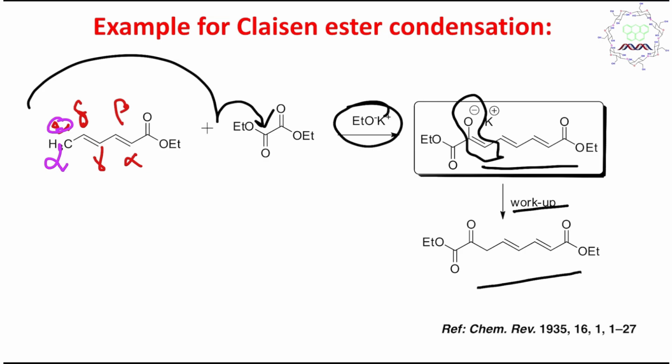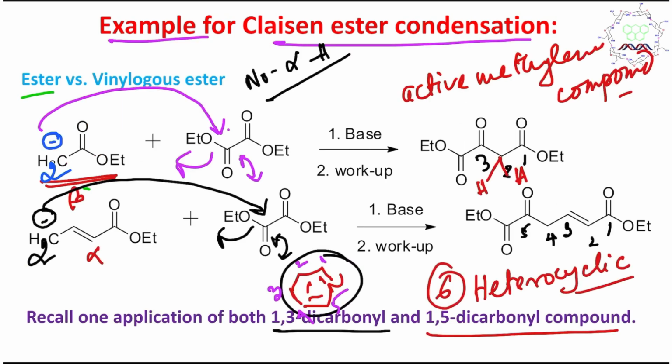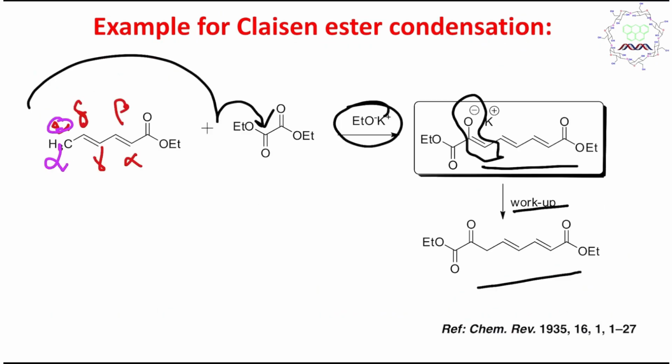See how the property is extended, from alpha, beta unsaturated, meaning one double bond, similar property. In the case of two double bonds, also similar property, and that is the uniqueness of this vinylogous system. They retain the electronic properties transmitted through the carbon-carbon double bond. See, with increasing carbon-carbon double bonds, the property still remains.